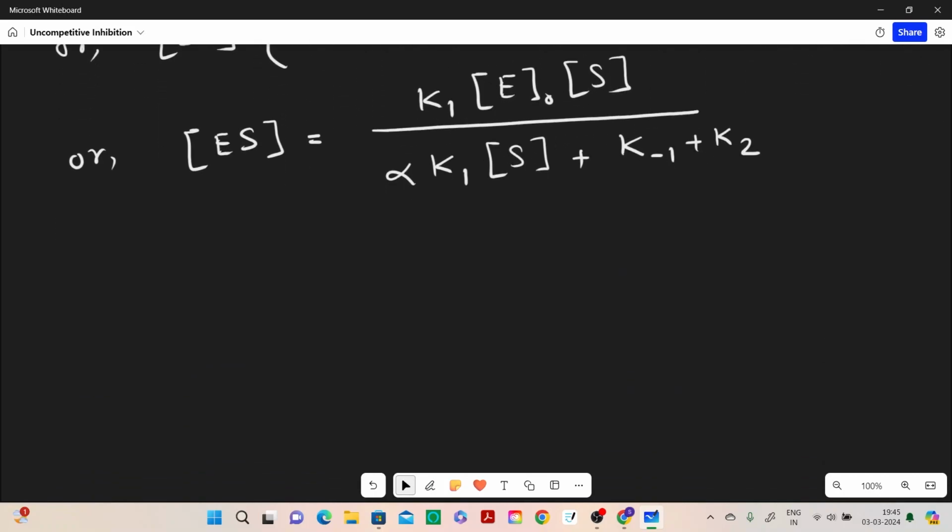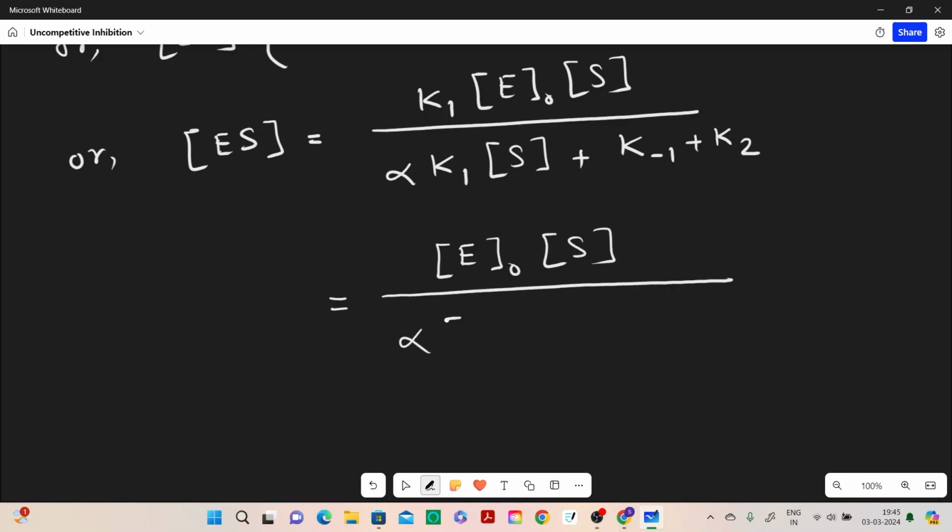Okay, now we will divide the numerator and the denominator by K1. ES is equal to E naught S divided by alpha S plus K minus 1 plus K2 by K1.